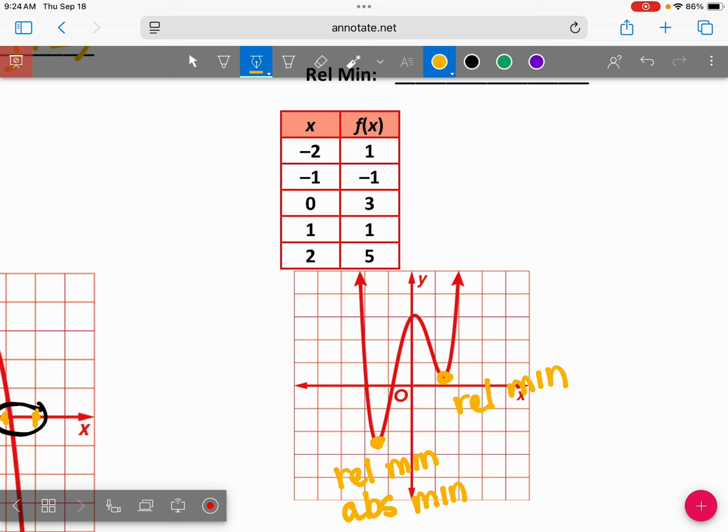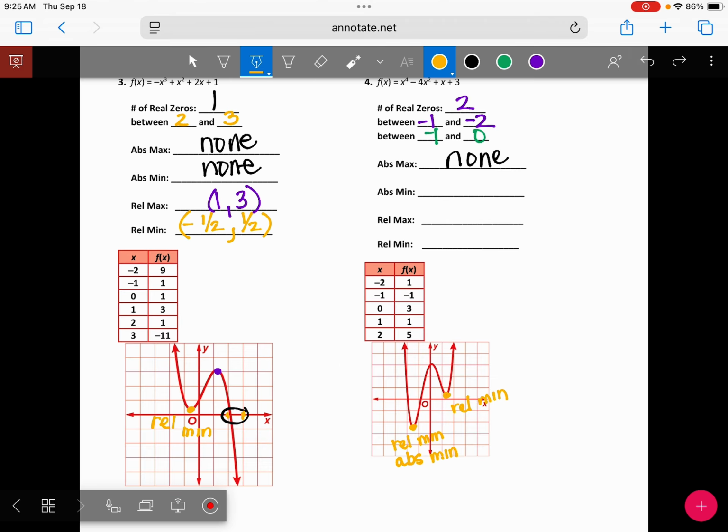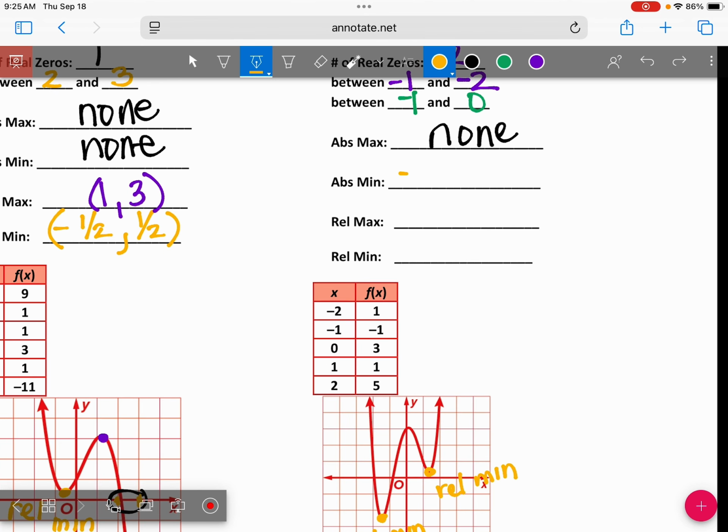All right, so I got to do some approximation. I'm going to call that one -1.5, -2.5. I'll put that in 2 places.